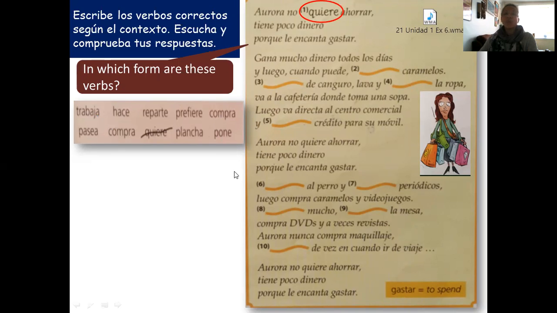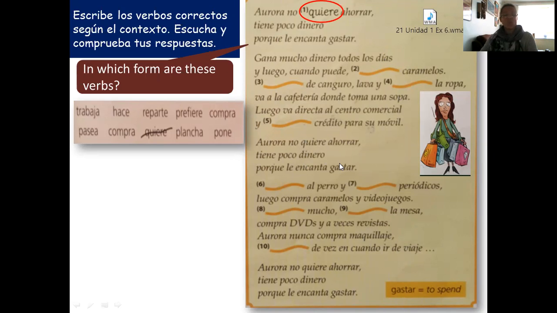So pause the video, write the answer. I'm not gonna say, so I wanna see that. And then you are gonna write números del 1 al 10 and you're gonna write the correct verb next to it. Give yourself between 3 and 5 minutes to do that, reading and filling in the gaps. And once you've done that, you're gonna listen to this song.